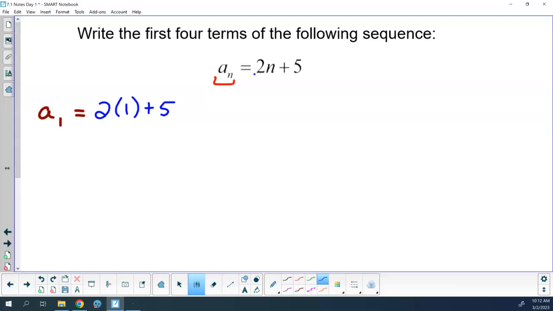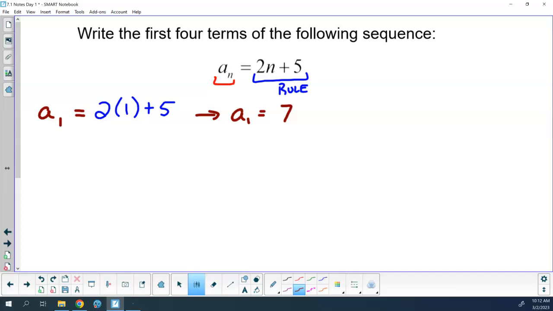This part right here is the rule, the pattern, if you will. 2 times 1 is 2, plus 5 is 7. So A sub 1 is 7. That is the first term in my sequence.